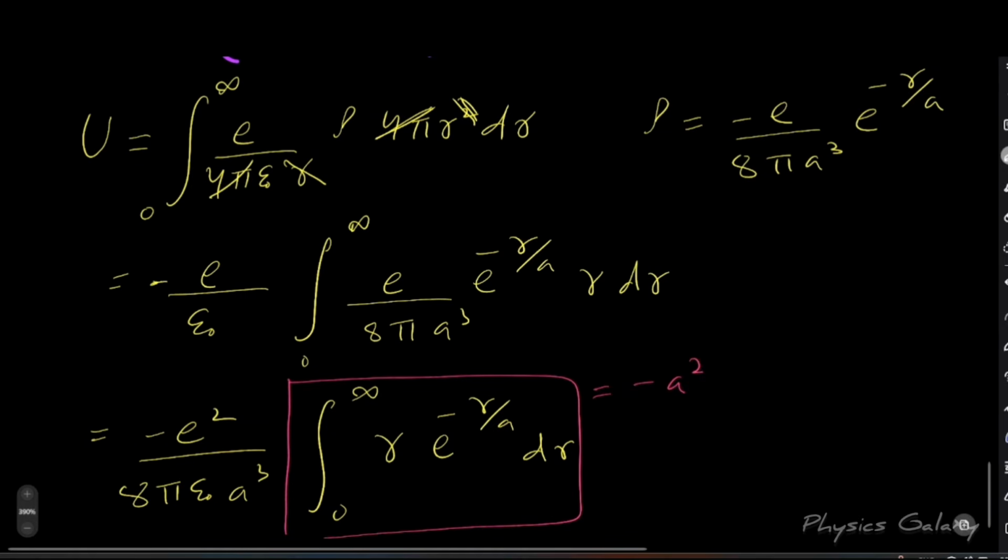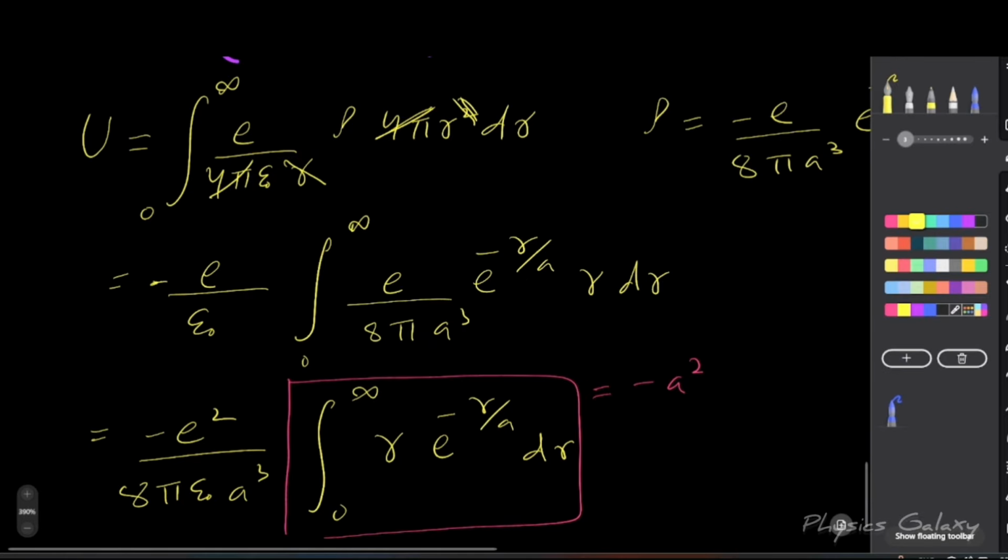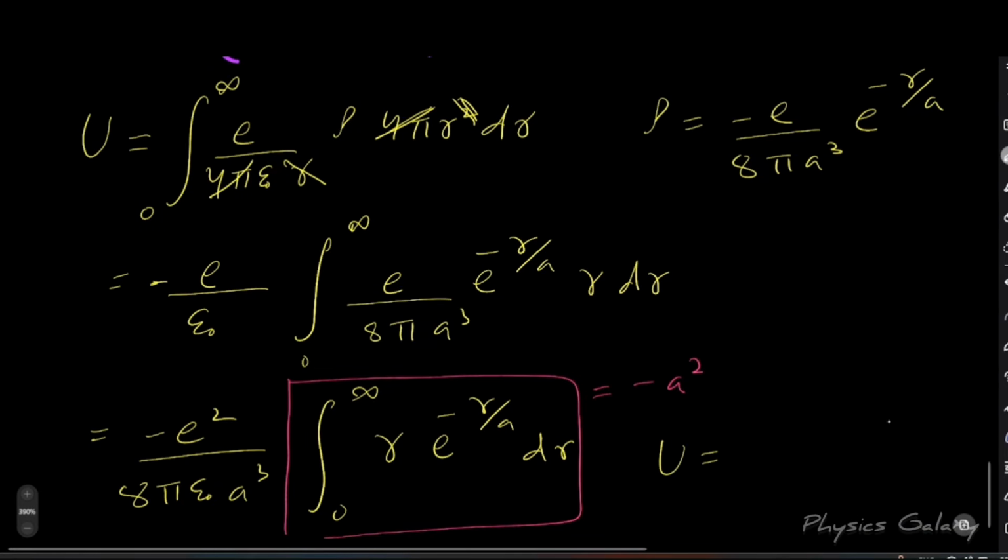So the final answer will be U equals minus e square by 8, pi we already cancelled out, so there is no pi here. Minus e square by 8 epsilon naught, and here will be only a.